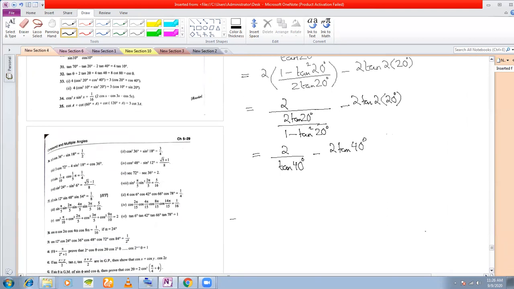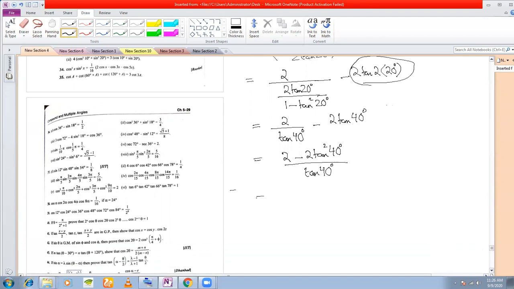So let's see now what happens. Now you take the LCM once again. So you get 2 minus 2 tan square 40 degree over tan 40 degree. We never had to change this multiple angle. That is a good sign. So now what happens? You take 2 common. You get 1 minus tan square 40 degree divided by tan 40 degree.